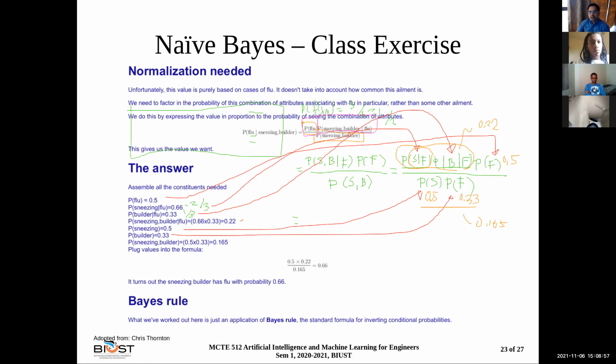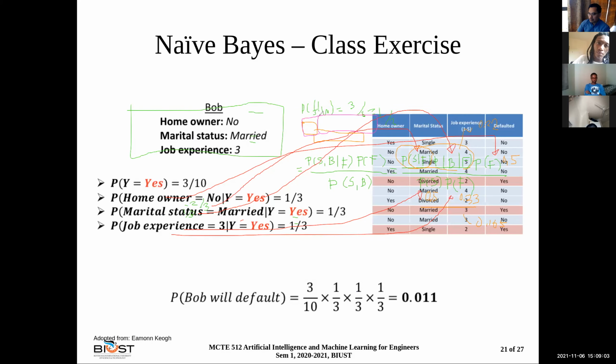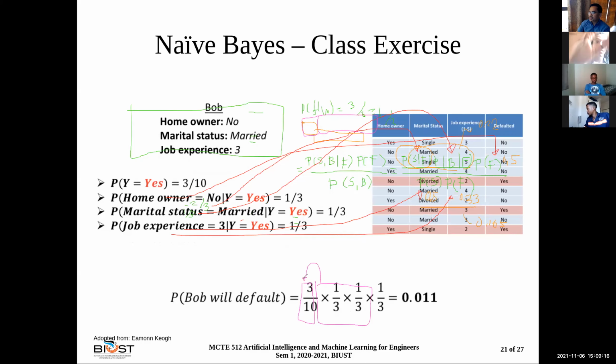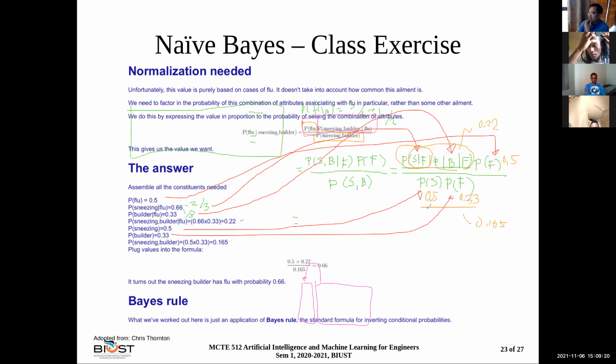Remember that there was an absolute probability of the yes and the no. These are all with the features, and this one is the absolute probability of the output, yes or no, which is in this equation.